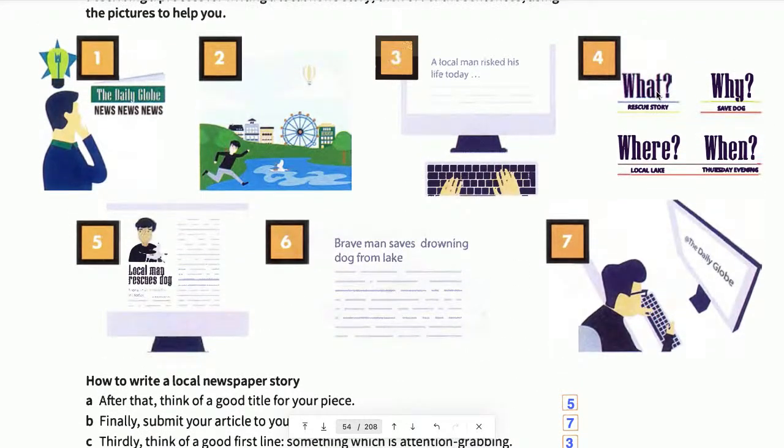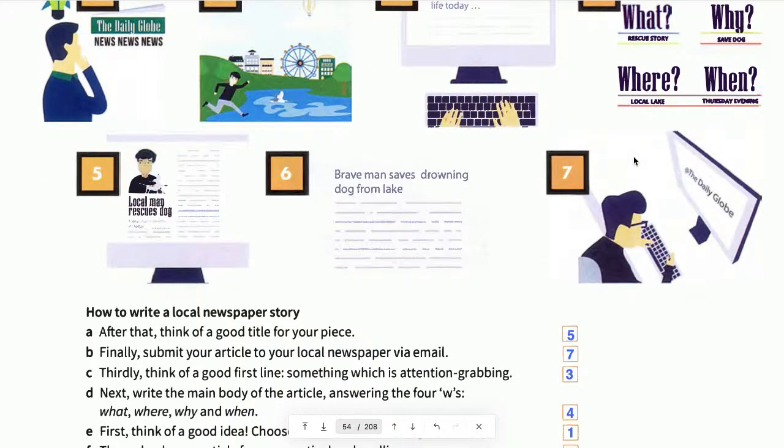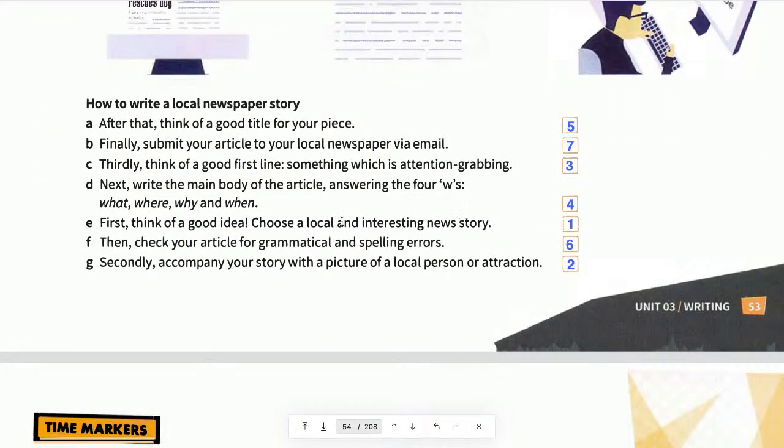Number 4, you see what, why, when, where, something like that. Oh, here you see all of the words there, right? 4D. Next, write the main body of the article, answering the 4 Ws. I mean the 4 word questions, right?